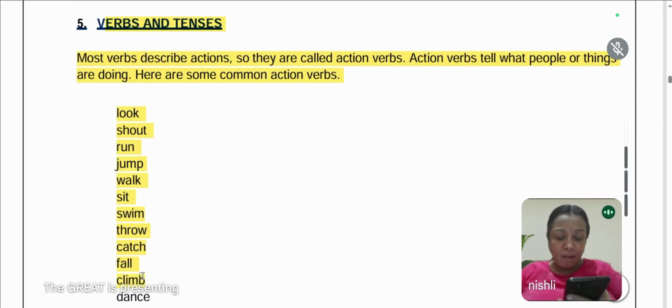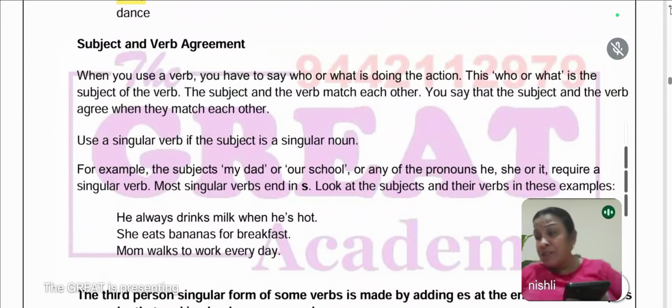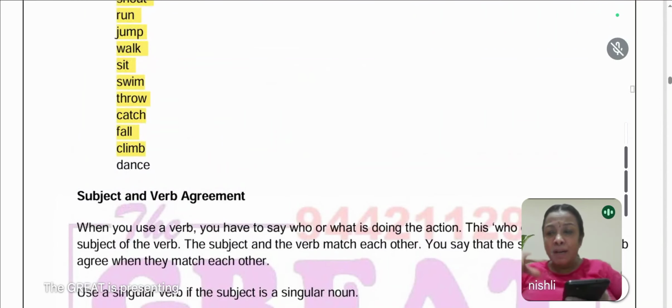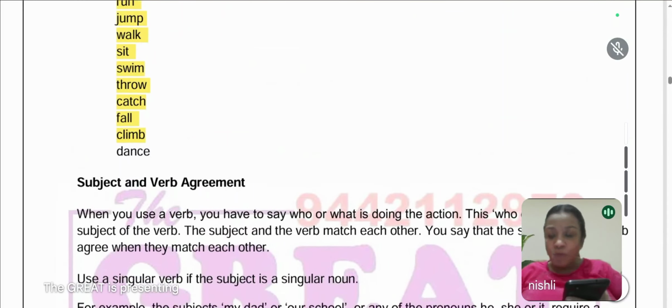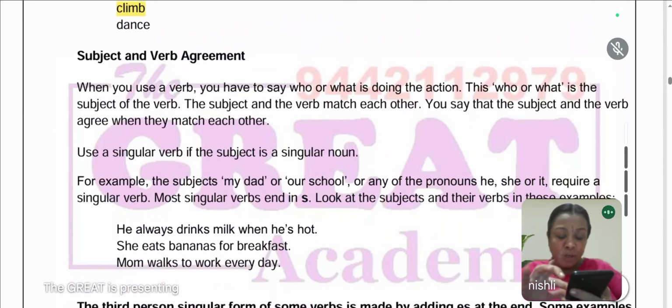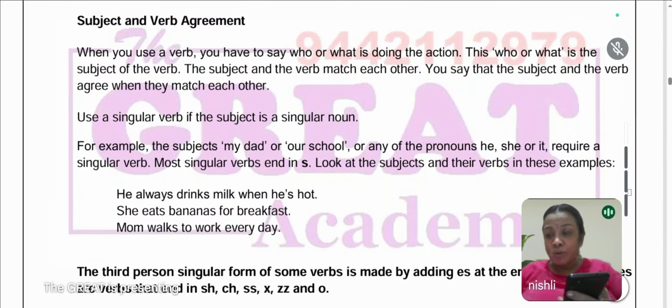Look, shout, run, jump, walk, sit, swim, throw, catch, fall. All this denotes action. So verbs mean action only, and you need not worry about that. If you find anything which denotes action, like sit, stand, swim, throw, jump, kick, fall, all those are verbs.